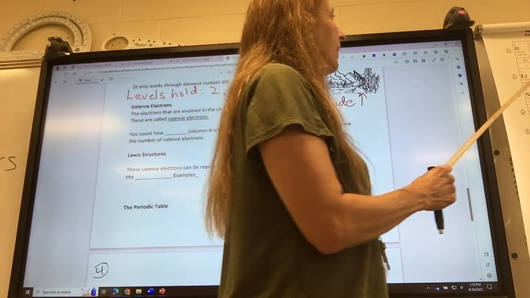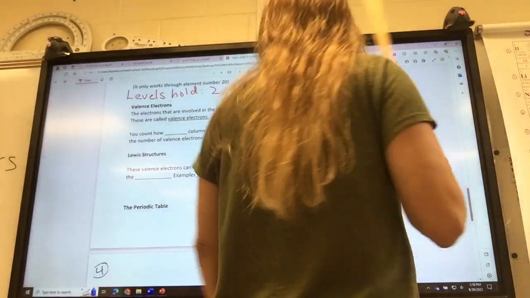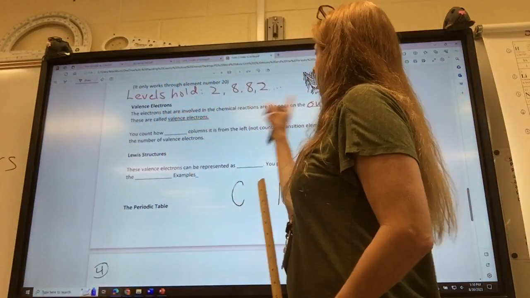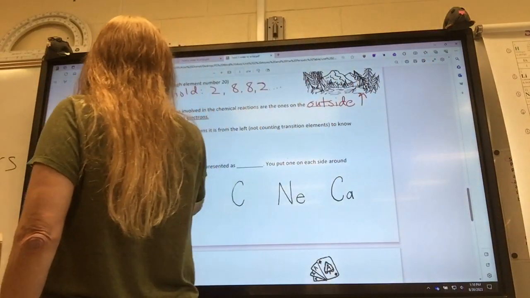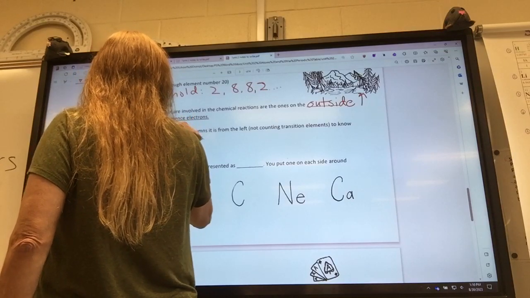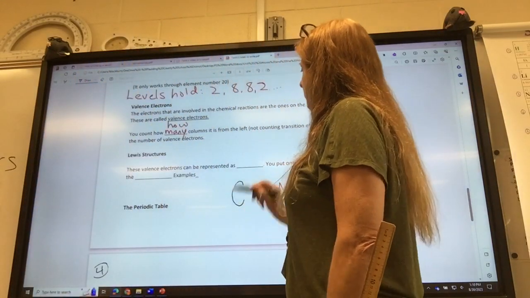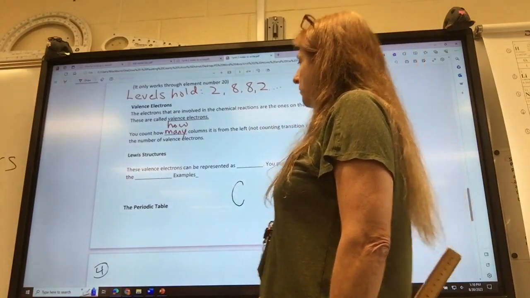And how you tell is you count how many columns it is from the left, not counting the transition elements, to know the number of valence electrons.